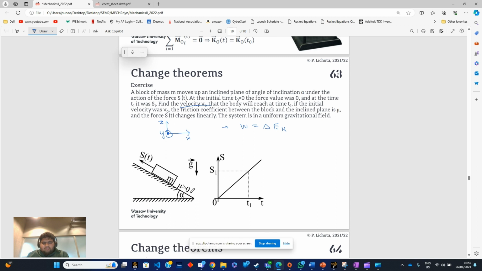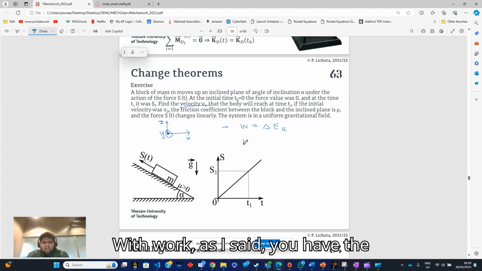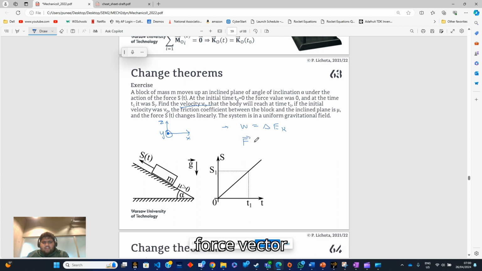With work, as I said, you have the force vector times the position vector, and you can consider this as your origin point.